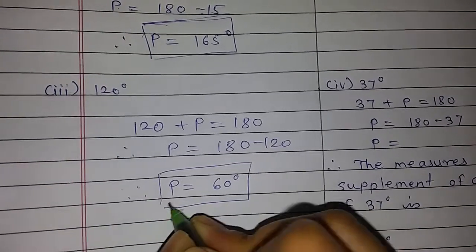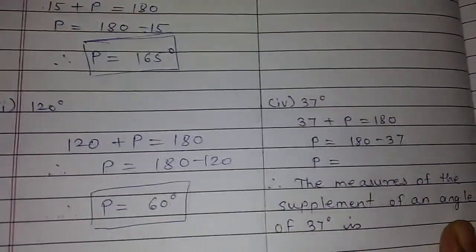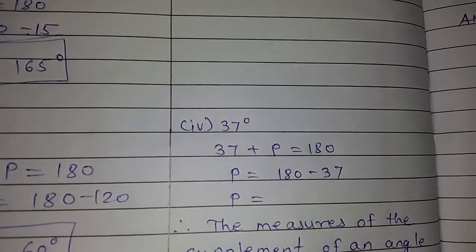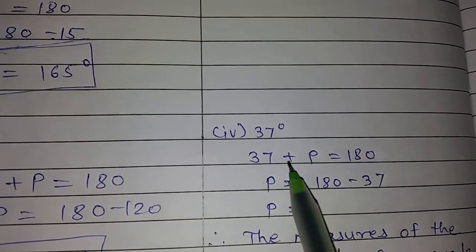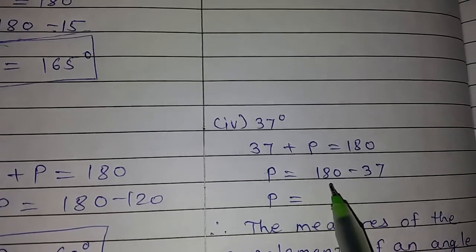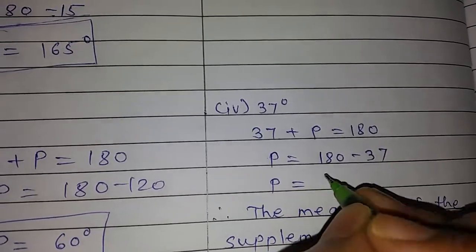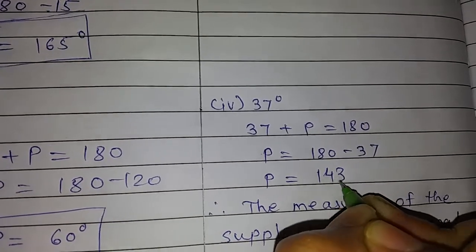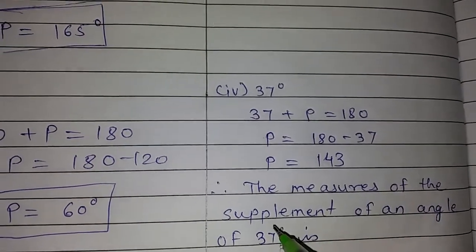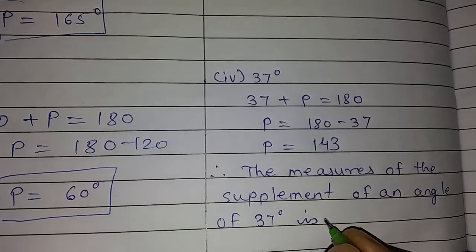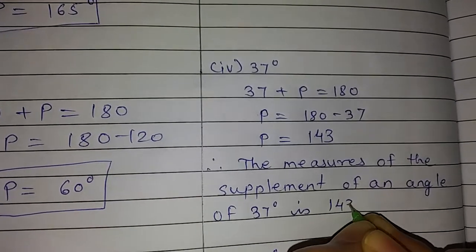Fourth, 37 plus P is equal to 180. P is equal to 180 minus 37. Subtraction is 143. Therefore, the measure of the supplement of an angle 37 degree is 143 degree.